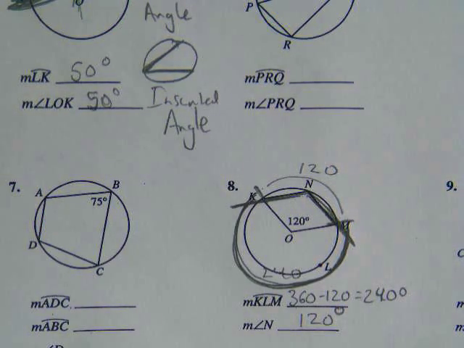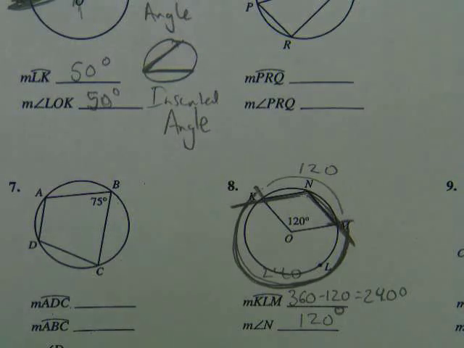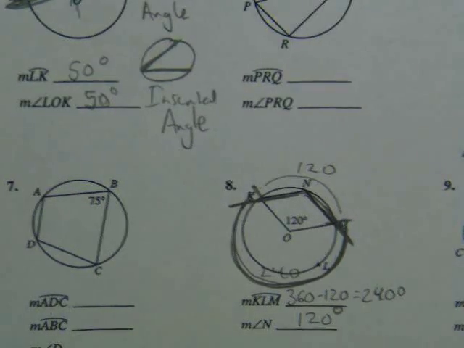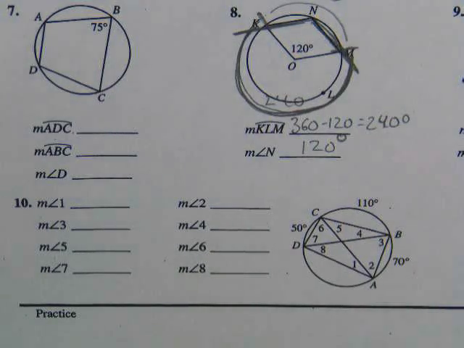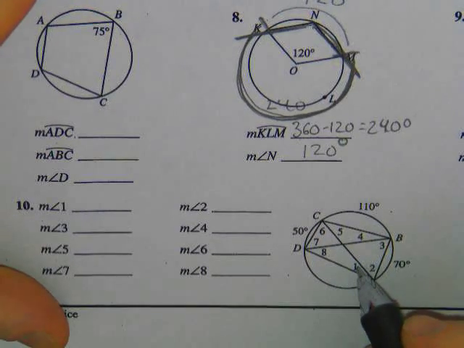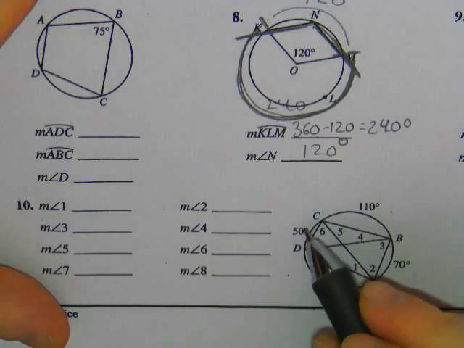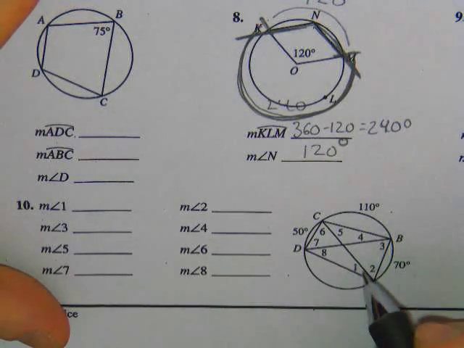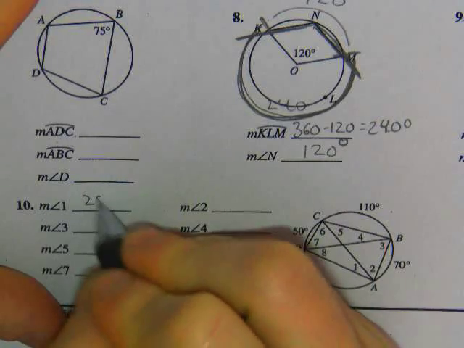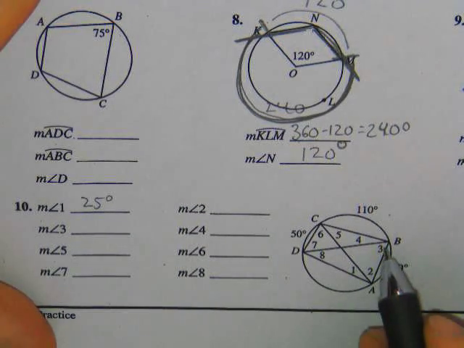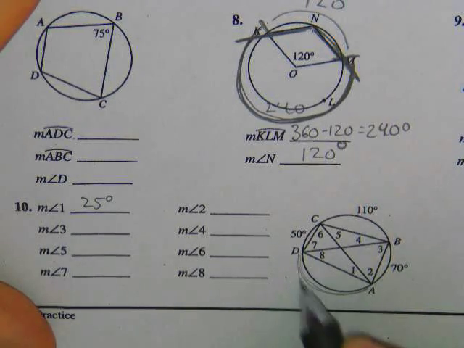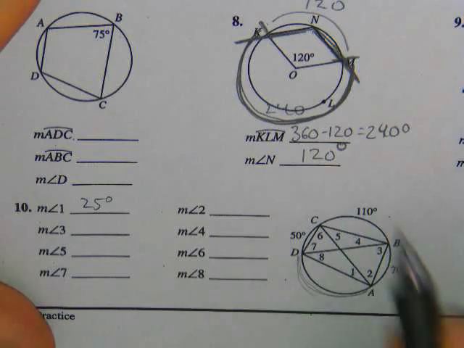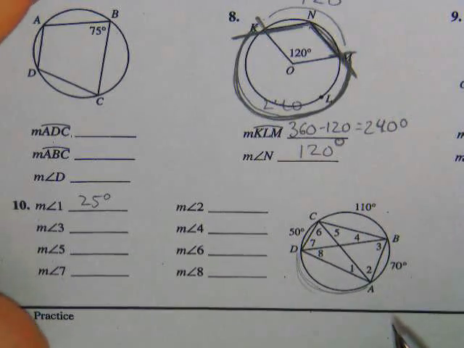Okay, let's hit some of these on number 10 really quick. When it's inscribed, it matches over here with 50, and it'll be a half. Angle 3 matches with this arc, which we don't know, except we know the other three, and we know that the whole thing is 360.